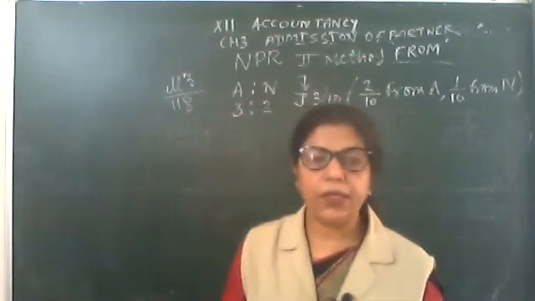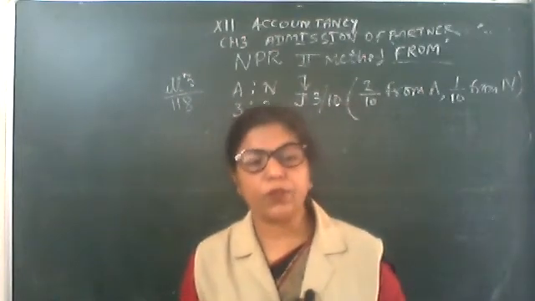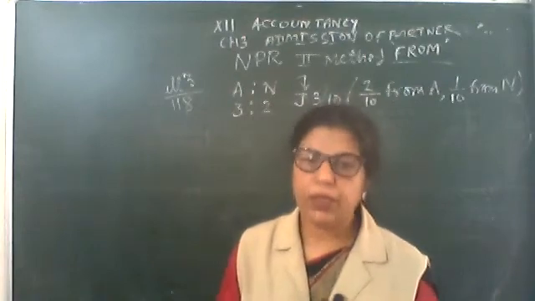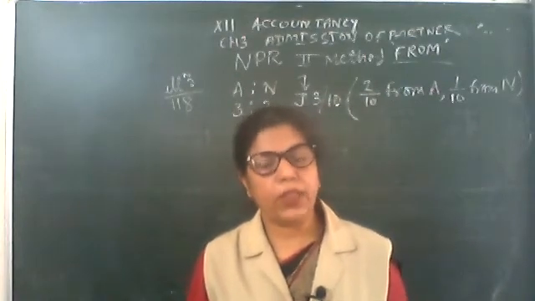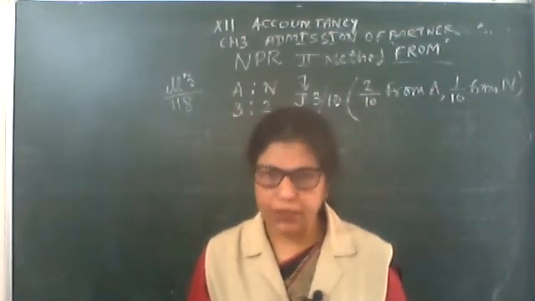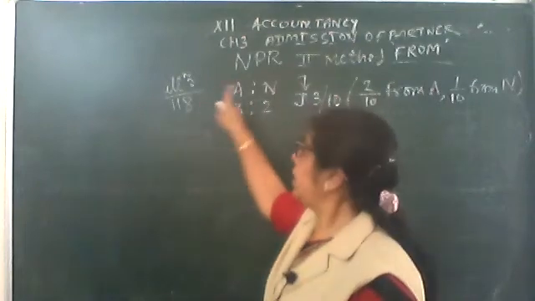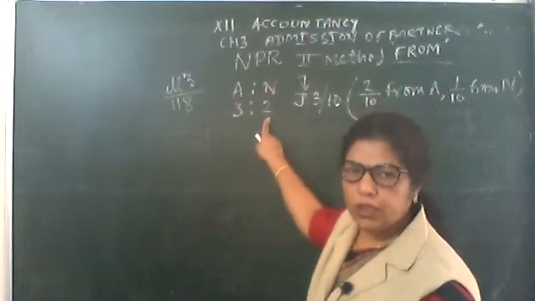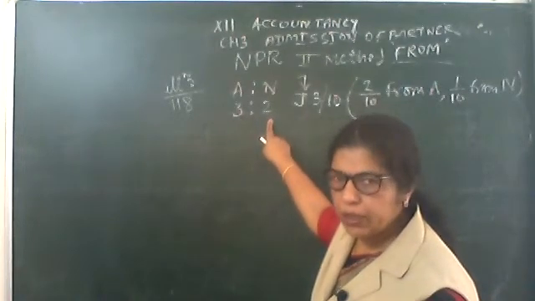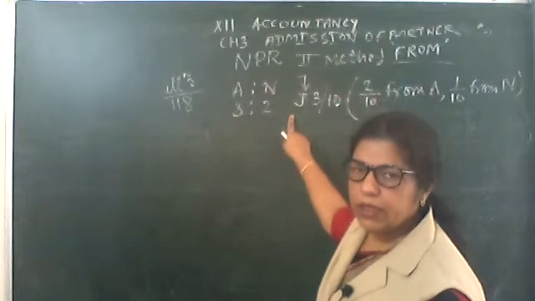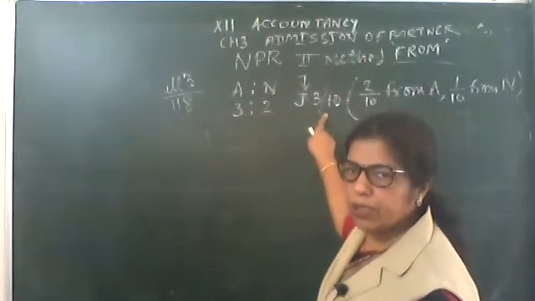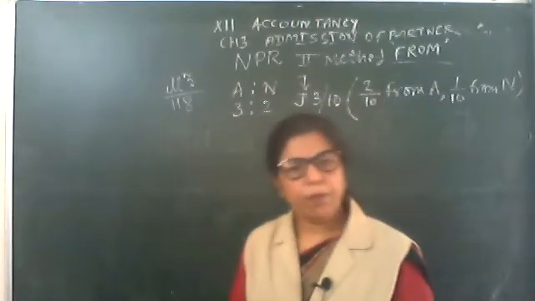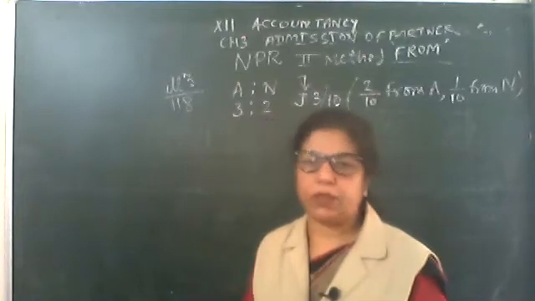Anshu and Neetu are partners in 3:2, and they admitted J for 3/10 share. See here, Anshu and Neetu are partners in 3:2 share, and J is the incoming partner for 3/10. Up to here, this is the first method.